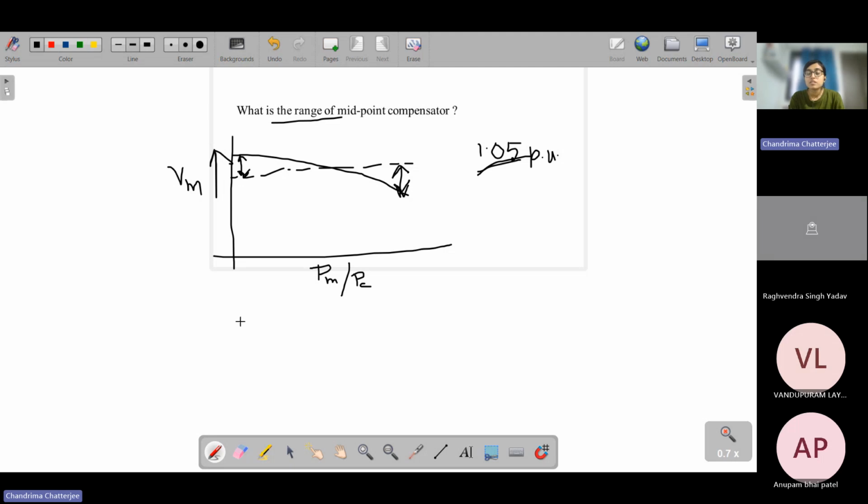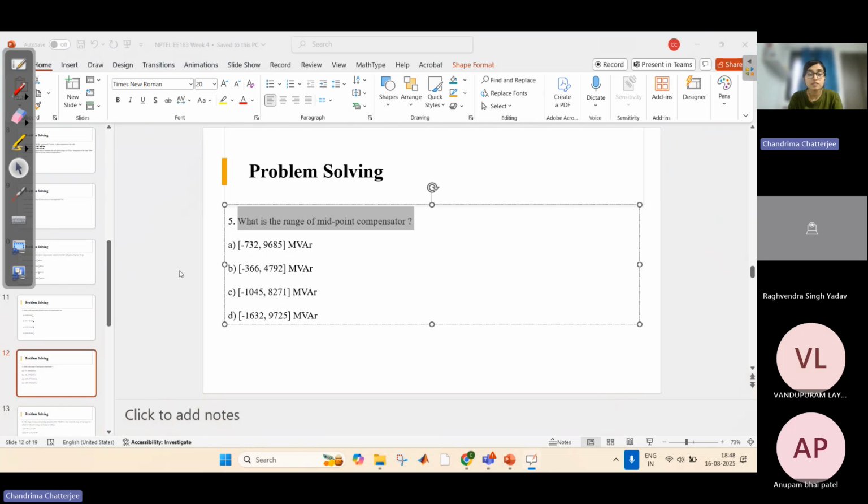So this is simple. What you need to do is, we already found out what QC was. The QC expression we already found out, right? The QC expression was, okay, I will just copy it from here.